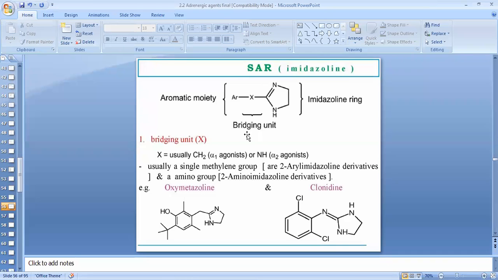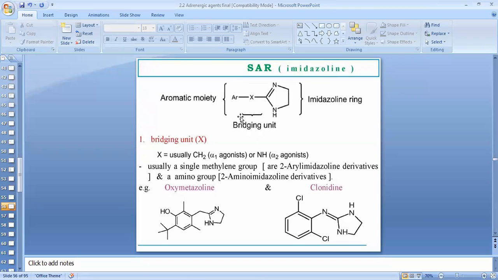We are going to discuss the structure activity relationship of this imidazoline ring on adrenergic receptors. This is the basic criterion that must be present to show adrenergic agonist action, and the basic ring is the imidazoline ring.